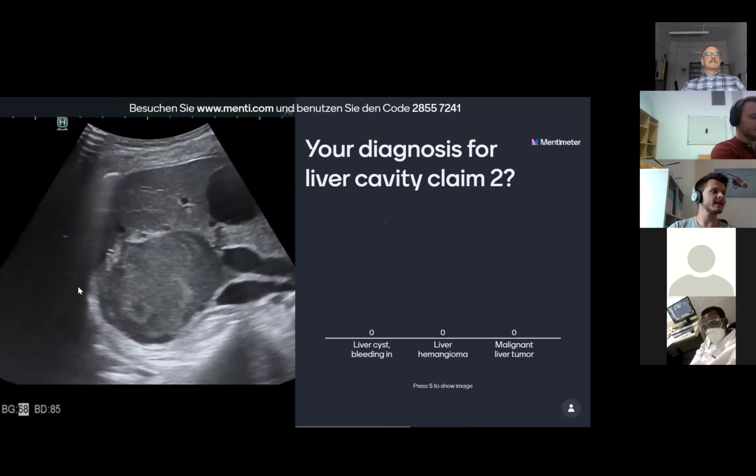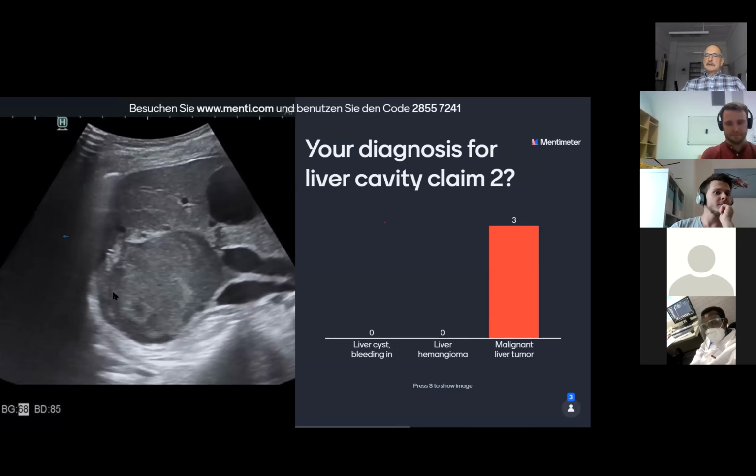We also saw there's a second one here, and this is not echo-free. What is your diagnosis for the liver lesion number 2? I think you can also answer here.